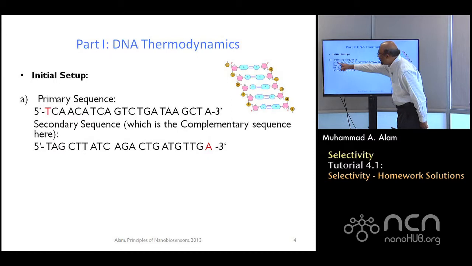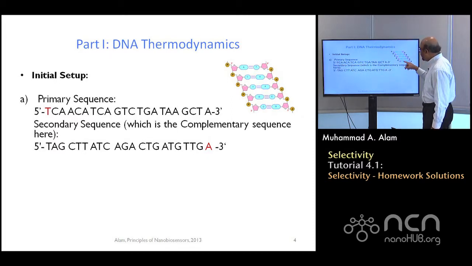Now what is this 5 prime? Well, if you look at a DNA molecule, and I just copied it from the web, you will see one end of it. Inside everything is nicely matched, but there are 5 carbon molecules, 1, 2, 3, 4, and 5.